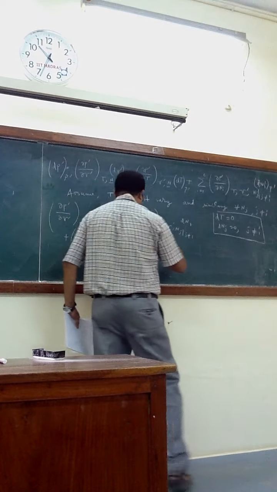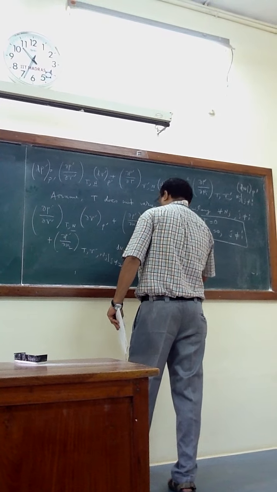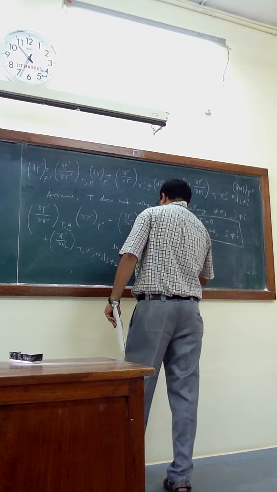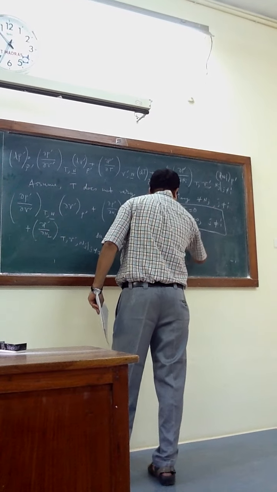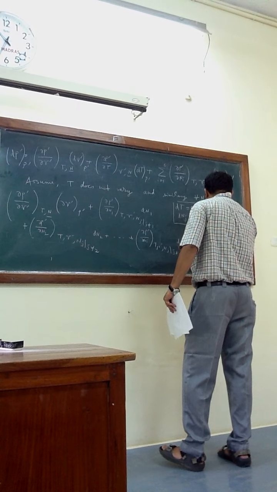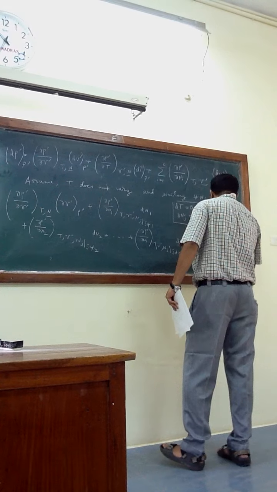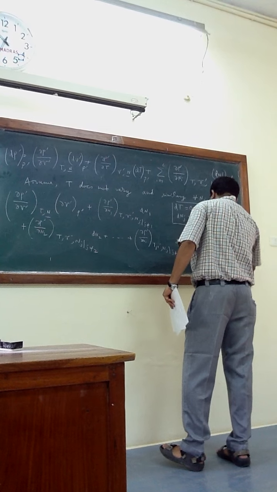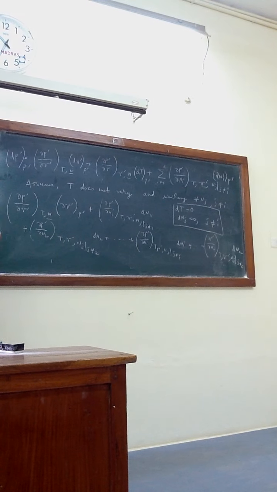Like that, one ith term will be there. ∂P'/∂ni at T, V', nj j not equals to i, dni, and the last term is ∂P'/∂nc at T, V', nj j not equals to c, dnc. Now tell me what the equation equals to.